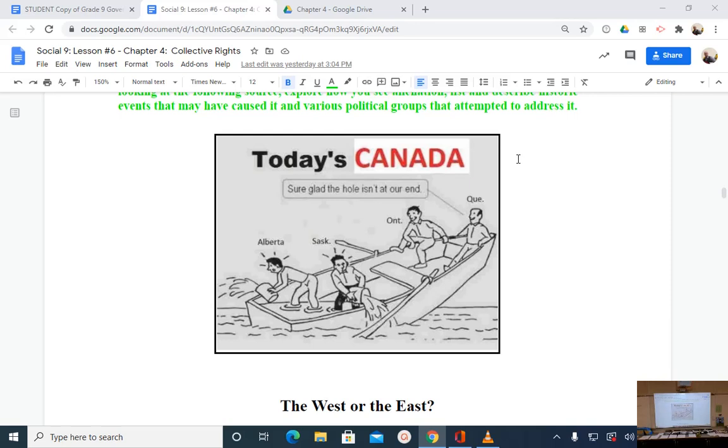That sounds like a complicated term, but all it means is an opinion, a viewpoint, what someone feels about something. So the cartoon here is showing us an ideological perspective about Canada.